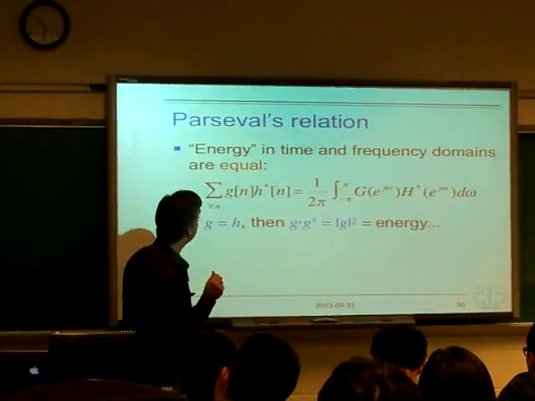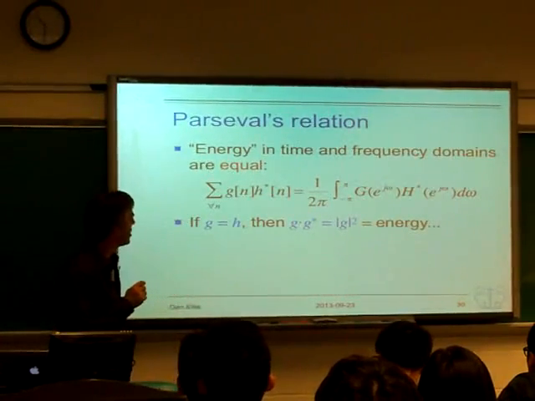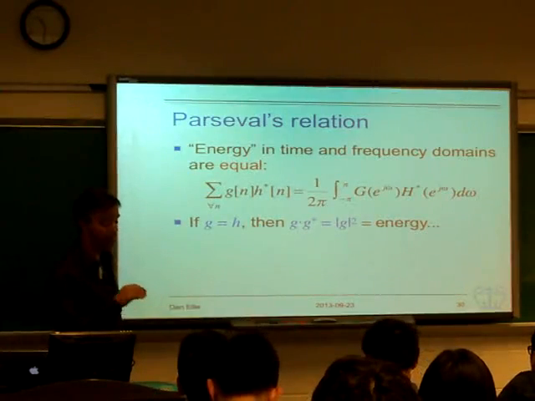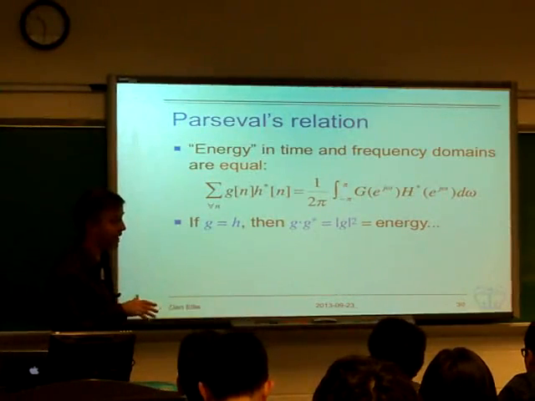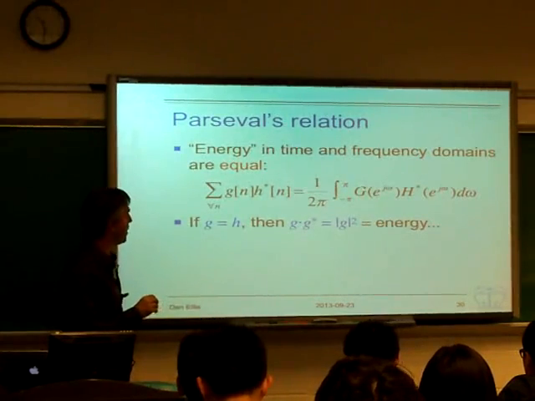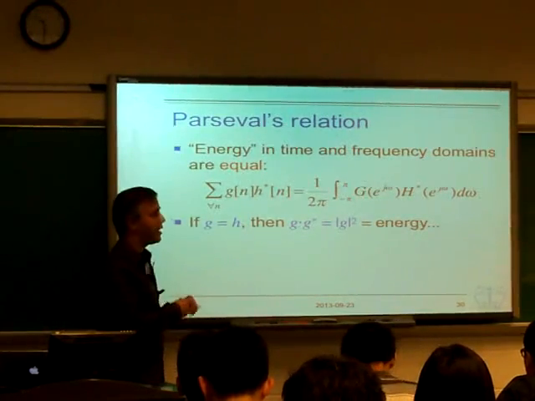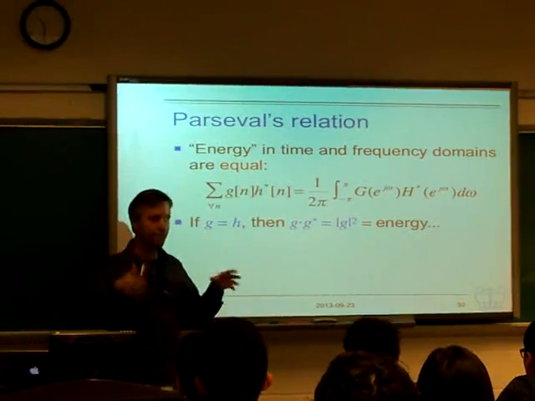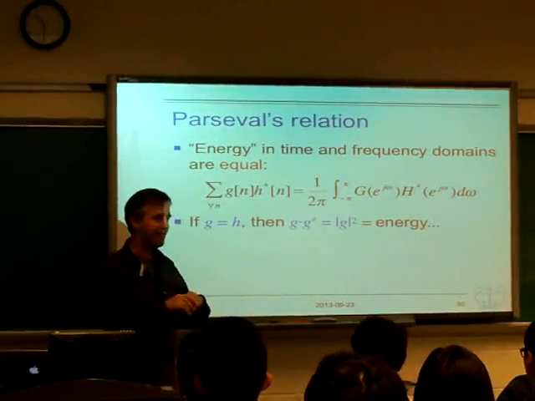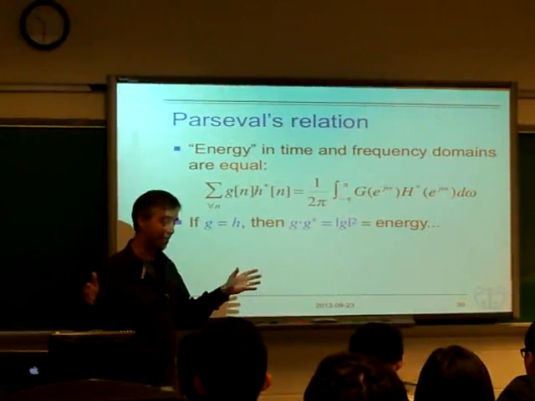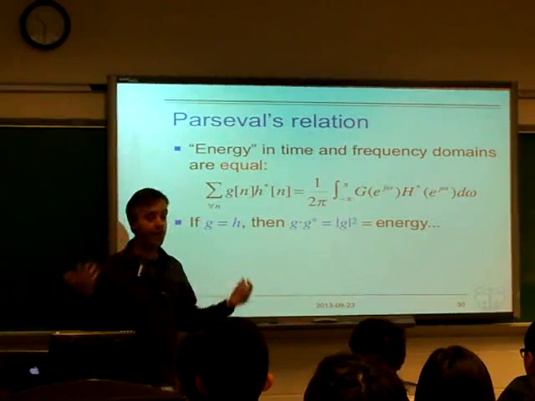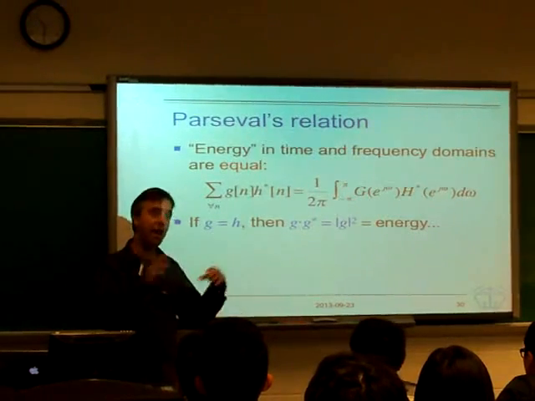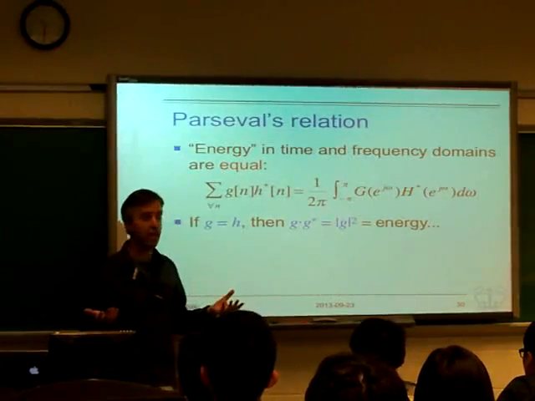Some other things. Parseval's relation is this interesting property of transforms, of energy-preserving transforms. And what it says is, well, the intuition here is, if you have some signal somewhere in one of your domains, when you transform it into the other domain, the signal gets spread out and moved around. That's the whole point of doing the transform.